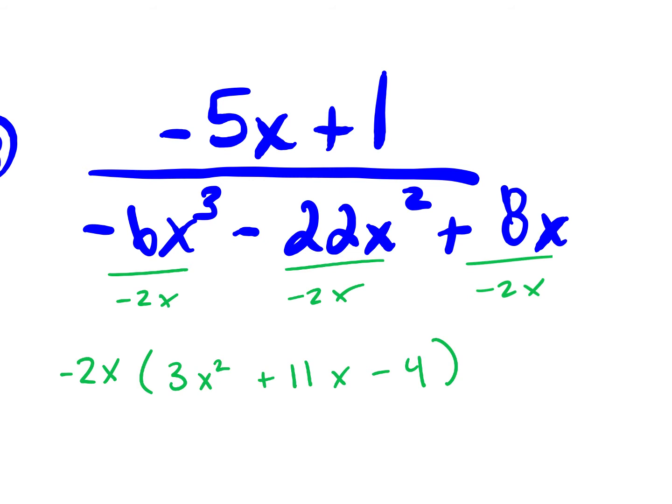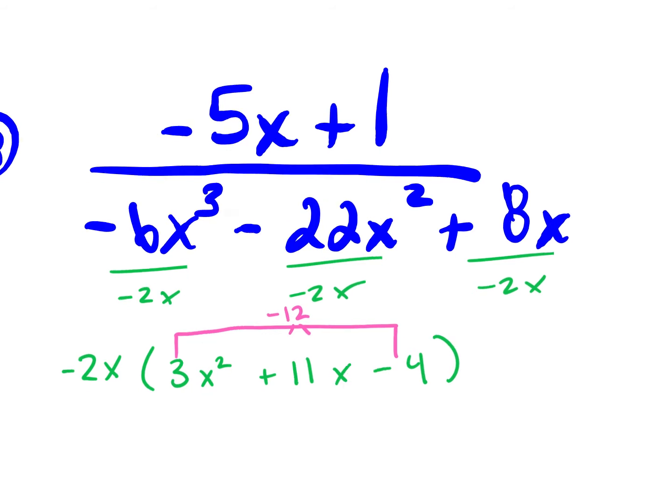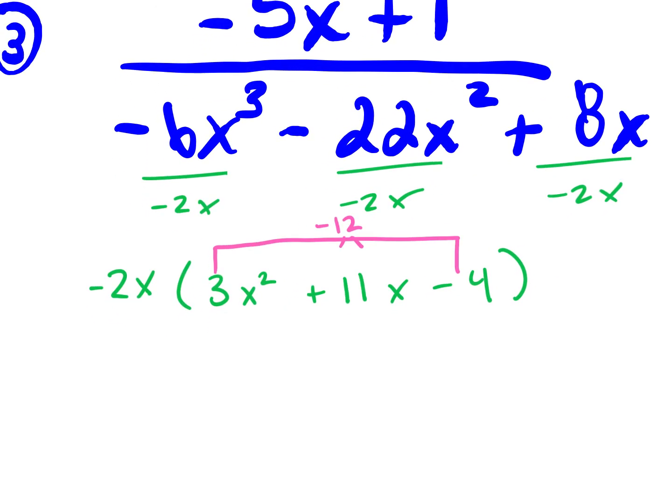Now, how can I factor this? Multiply the first times the last. So what's 3 times negative 4? And what are 2 factors of negative 12 that add to 11? 12 and negative 1. Perfect. So in my parentheses here, I have x plus 12 times x minus 1.